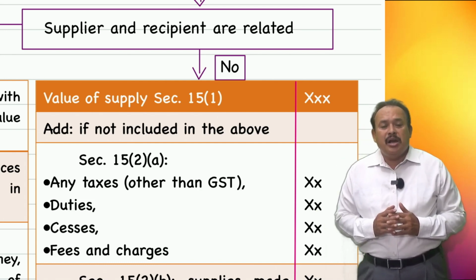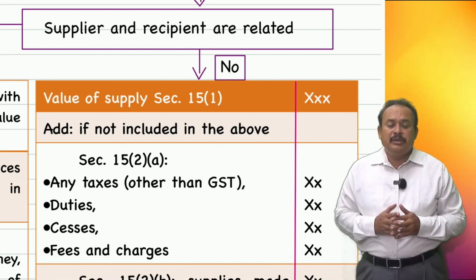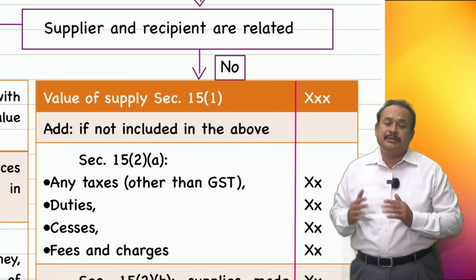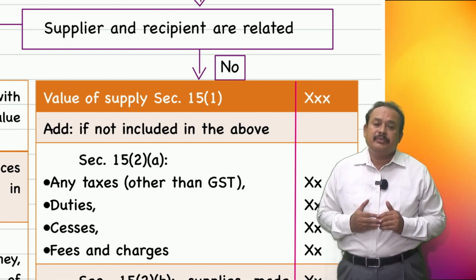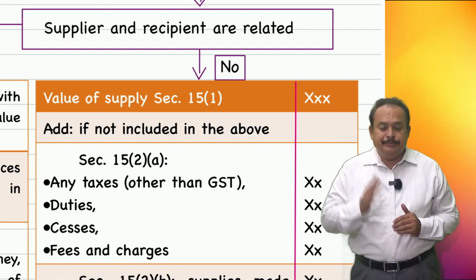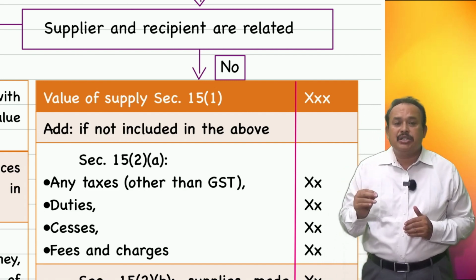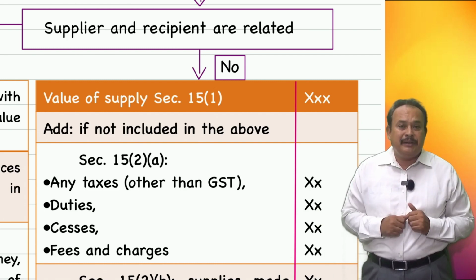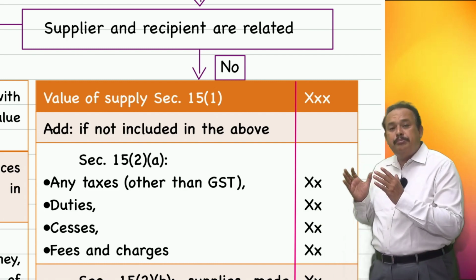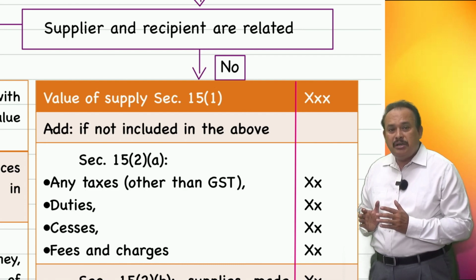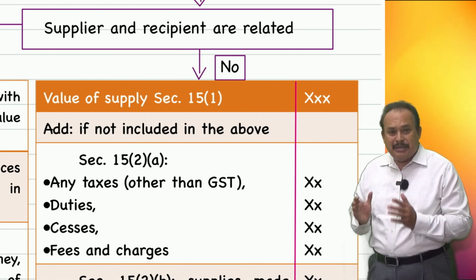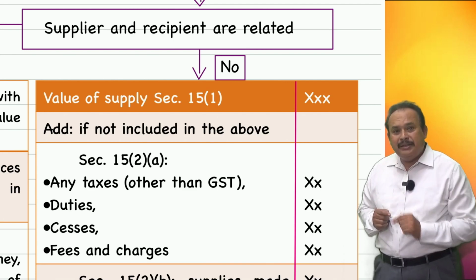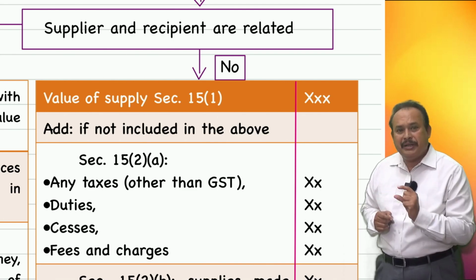You are already familiar with one of the heads under the Income Tax Act, PGBP, profits and gains of business or profession. What are you doing over there? You are looking at the profit and loss account, receipts and payment account as the case may be, and the bottom line. What is the bottom line? Net profit.